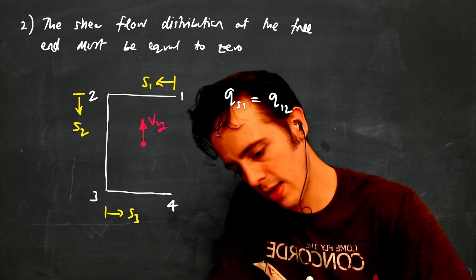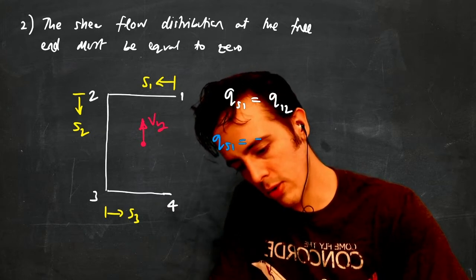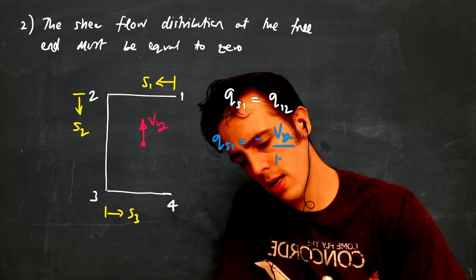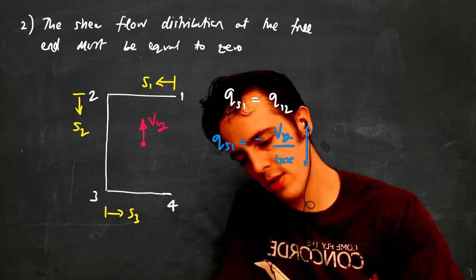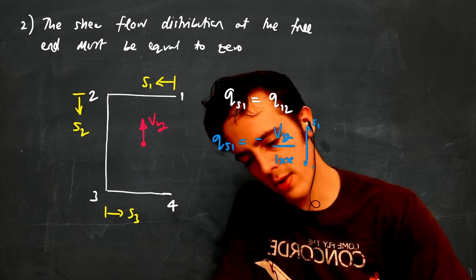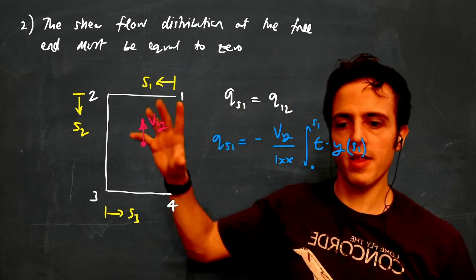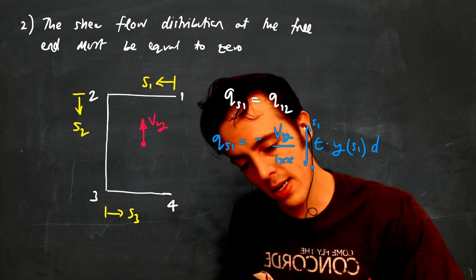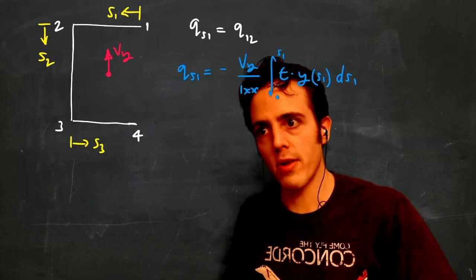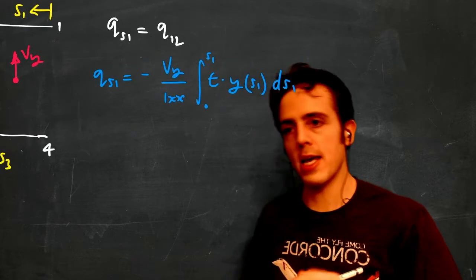So we'd say QS1 is equal to minus Vy on Ixx, and then we integrate S1 to 0, the thickness, multiplied by the Y, which is a function of S1. Even though it's constant for this example, it may be a distribution, ds1. So we use this expression here.